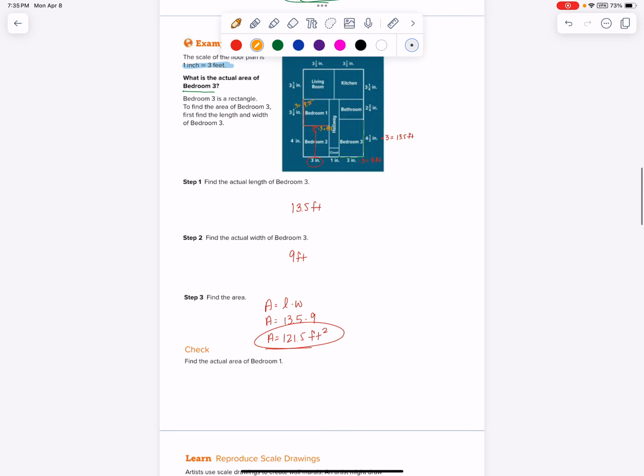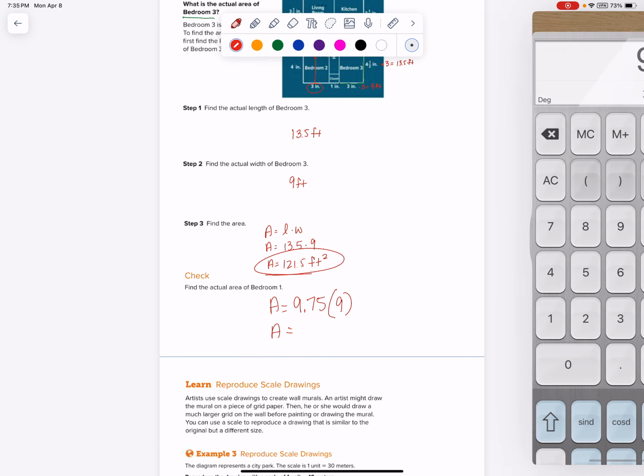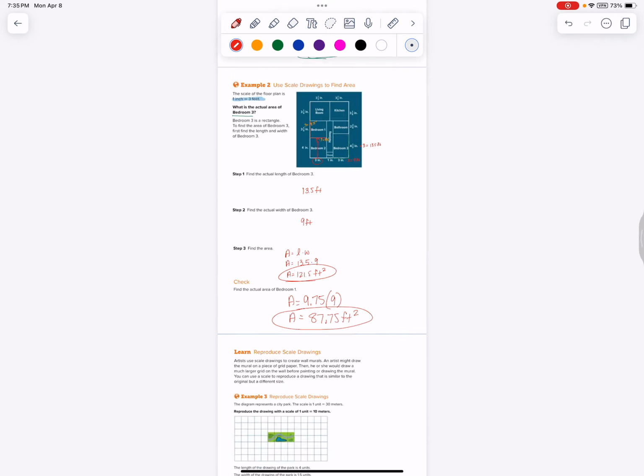I do want to show our work down below, so let's write our area equals length times width, so we can at least put the 9.75 times the 9 and write what the area is. Okay, so 9.75 times 9, and we get an area of 87.75 feet squared. Make sure you have that. We don't want to lose points.